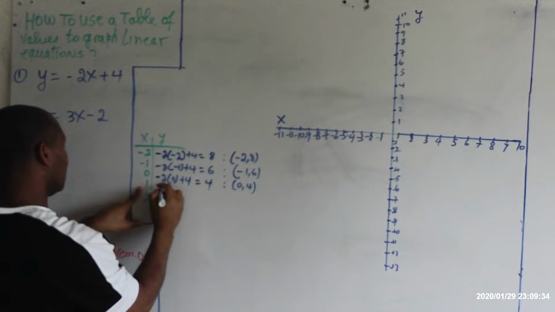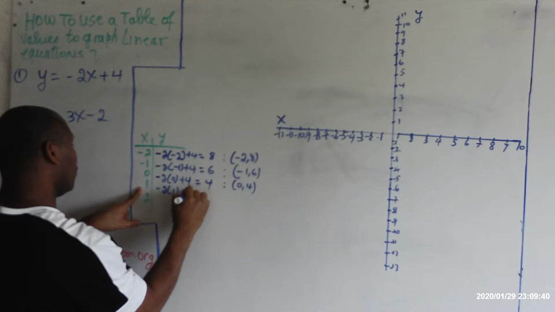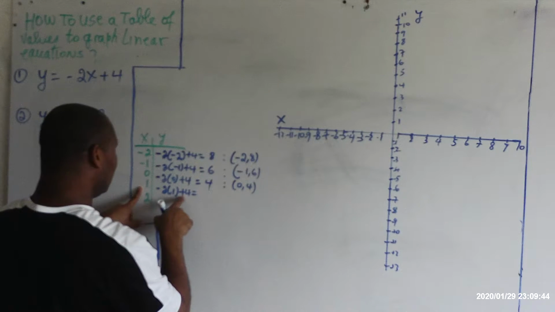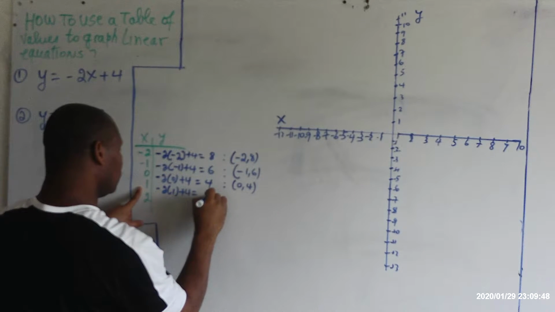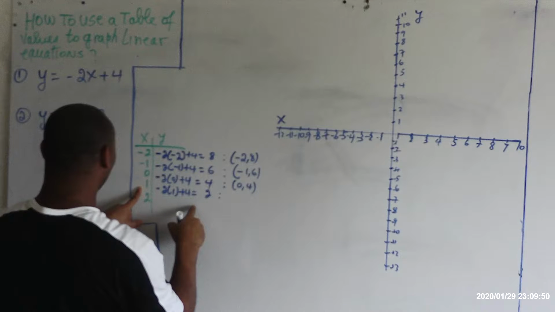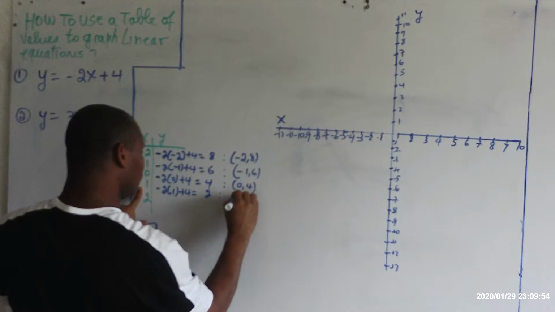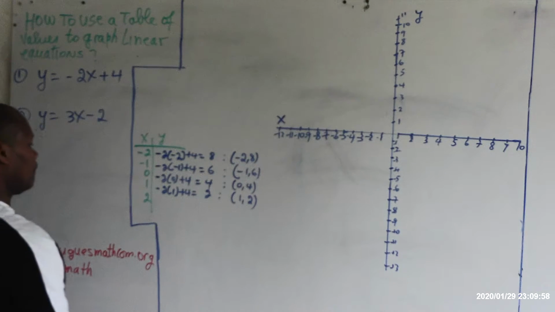So I will replace x by 1. So it's going to be -2 times 1 plus 4. -2 times 1 is -2, plus 4, that's going to be 2. So the coordinate is going to be 1 and 2.